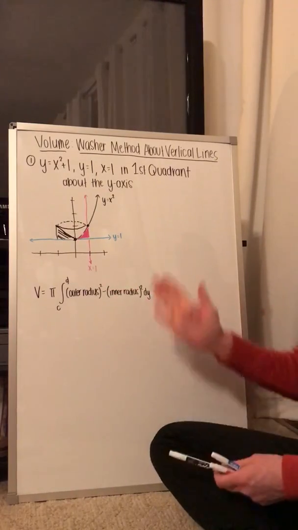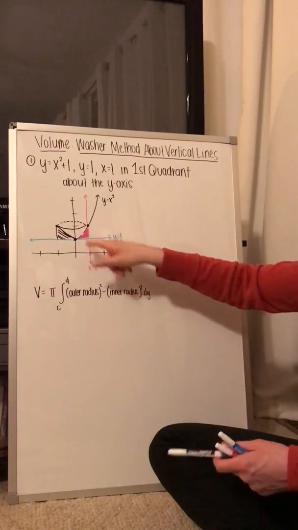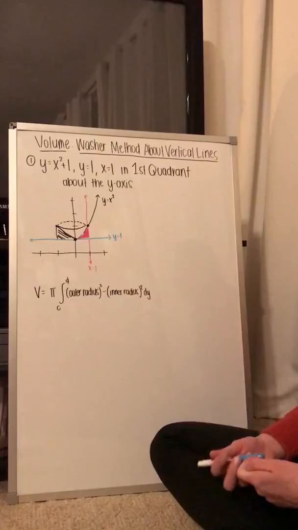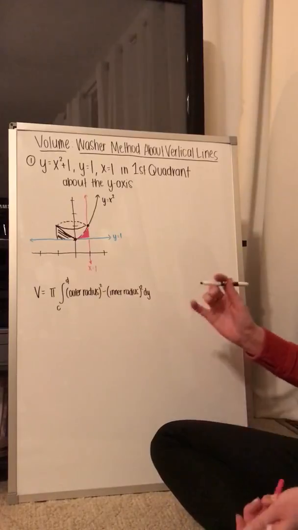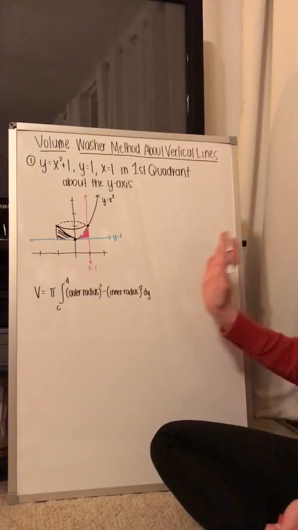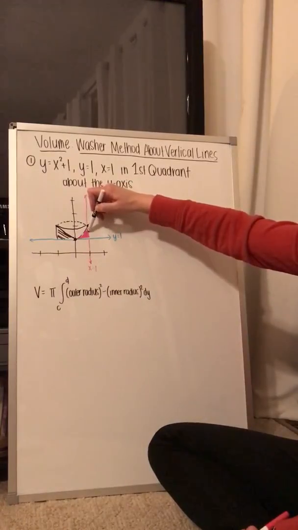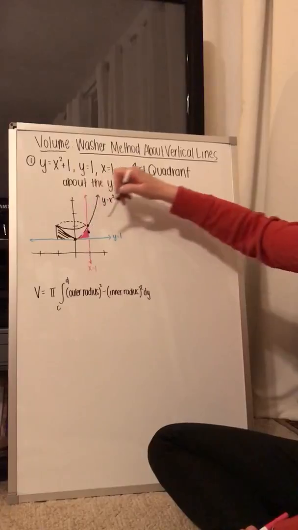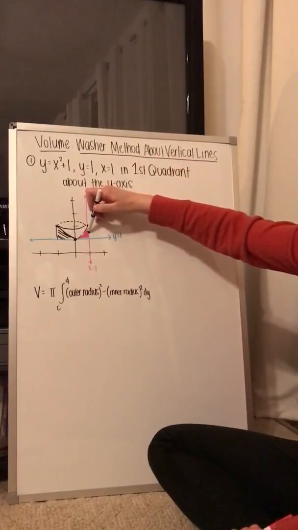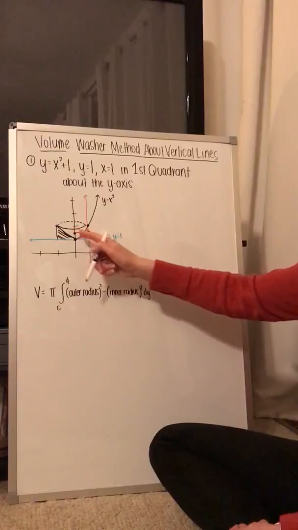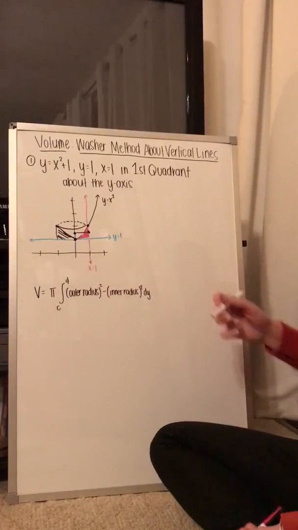If I take this original area, that triangular piece, and want to know its outer radius and inner radius, remember that when we're integrating in terms of y, we always read right to left. So when figuring out the outer radius, I start at my outermost point on the right side. Remember, the outer radius is always the larger radius. It goes from the outside out to the center, because that represents the radius of this figure when we rotate it about the y-axis.